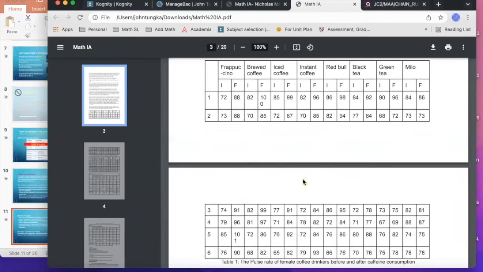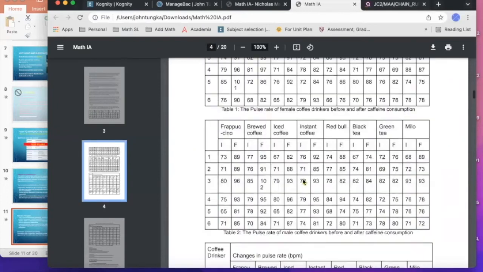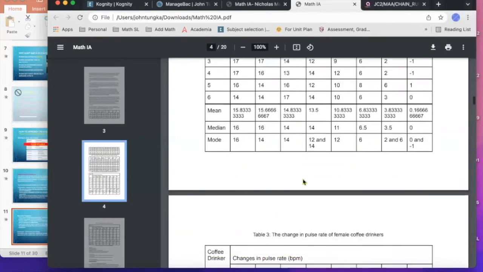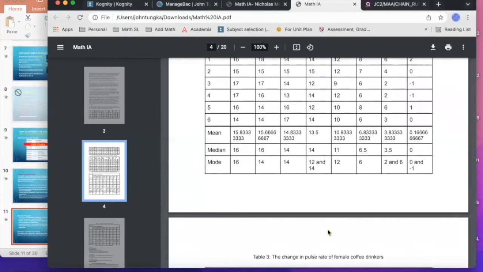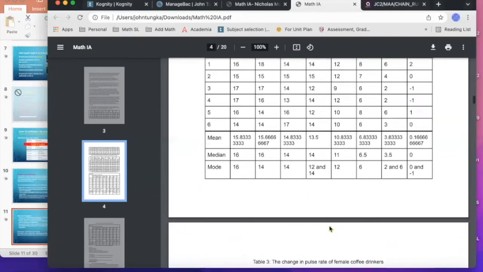No, because different genders have their own normal pulse rate. So female tends to have a higher pulse rate than men.